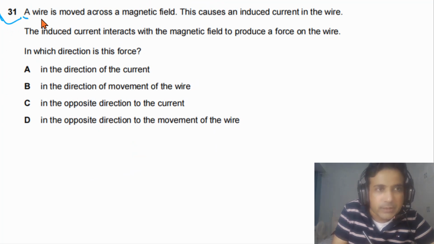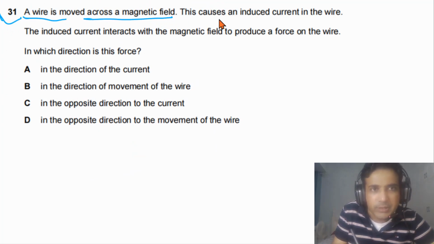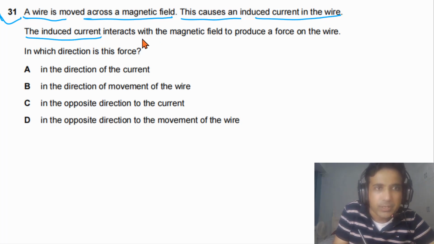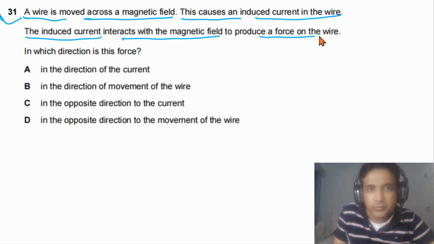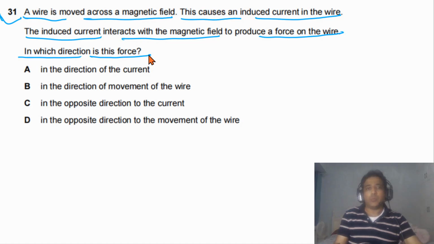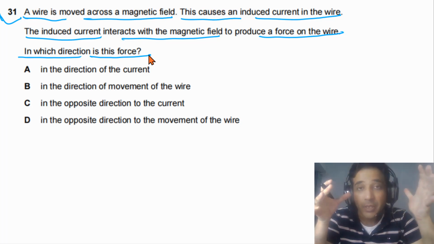Question 31 says a wire is moved across a magnetic field. This causes an induced current in the wire. The induced current interacts with the magnetic field to produce a force on the wire. In which direction is this force? First of all, we can answer this question just by understanding conservation of energy.